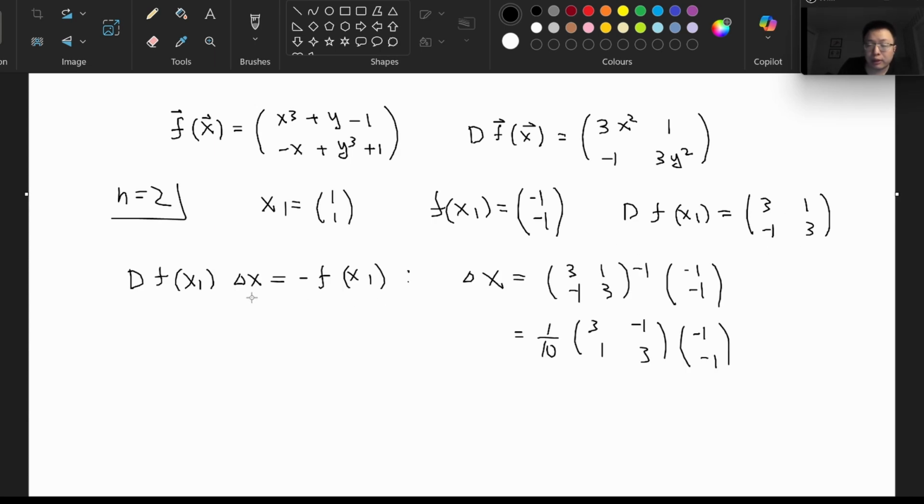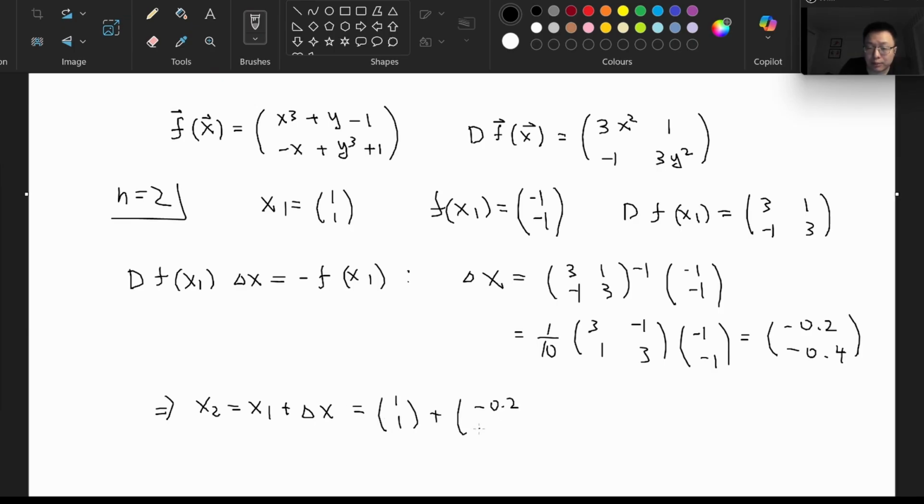Then we calculate delta x, which is the inverse of the matrix 3, 1, minus 1, 3 times (minus 1, 1), which simplifies to (minus 0.2, minus 0.4). So x2 is x1 plus delta x, which is (1, 1) plus (minus 0.2, minus 0.4), which is (0.8, 0.6). And that's the end of the second iteration.